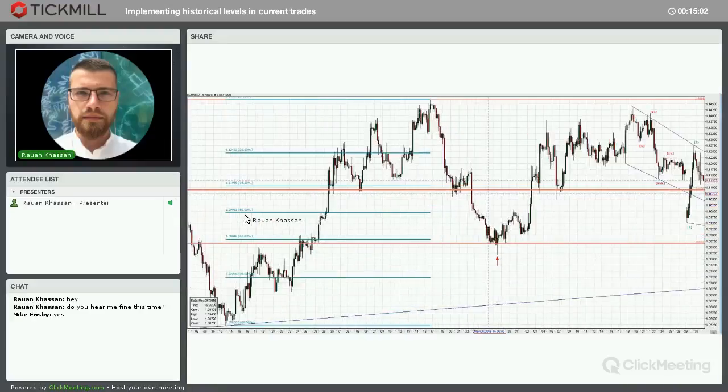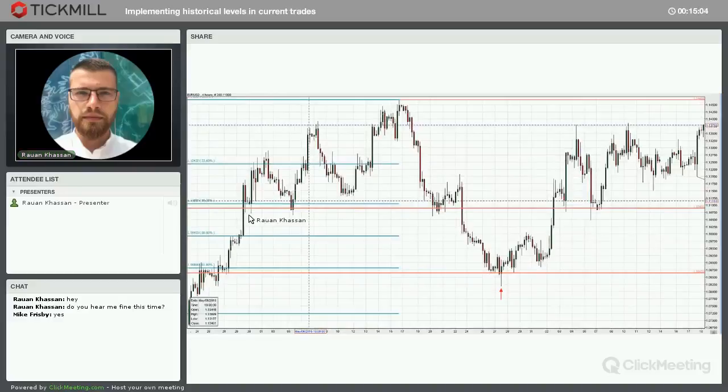This price level has worked as a static support line multiple times, but euro dollar has experienced multiple spikes below it. Spikes are marked on Japanese candlesticks as narrow lines, or also known as shadows.